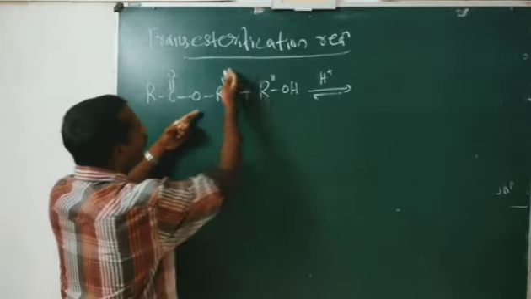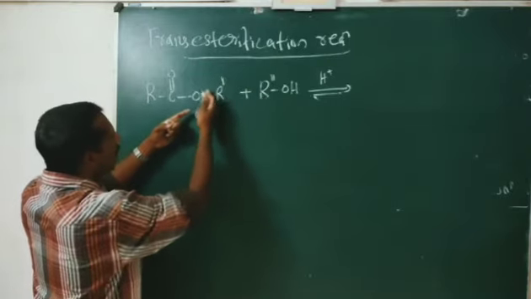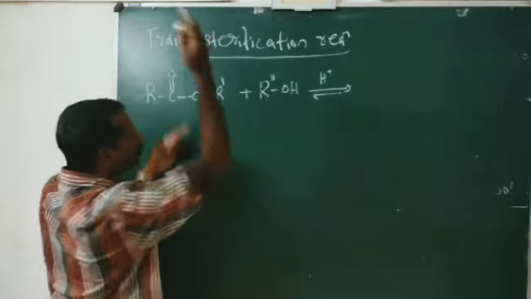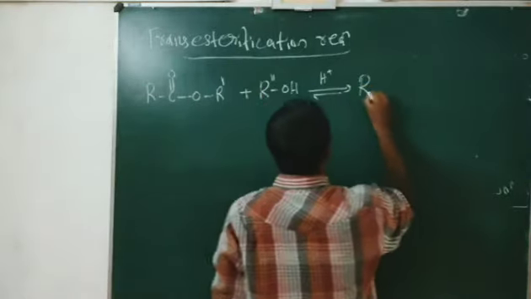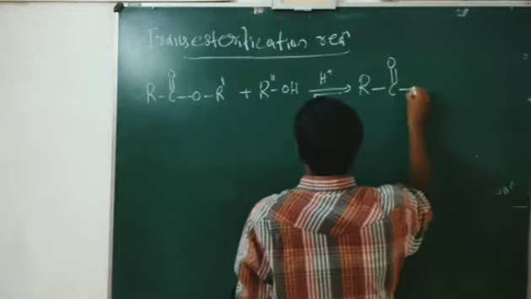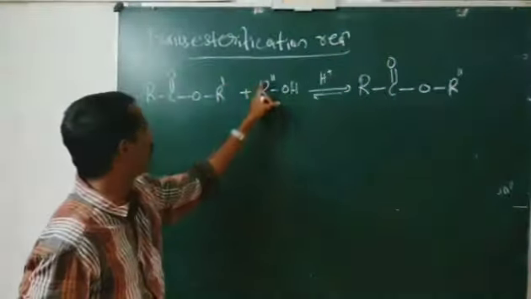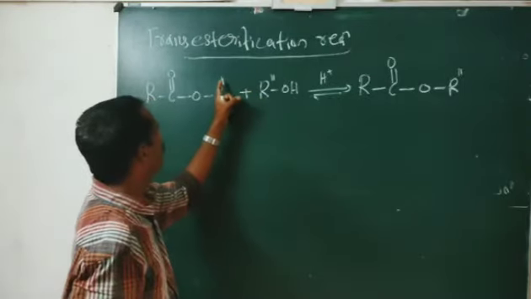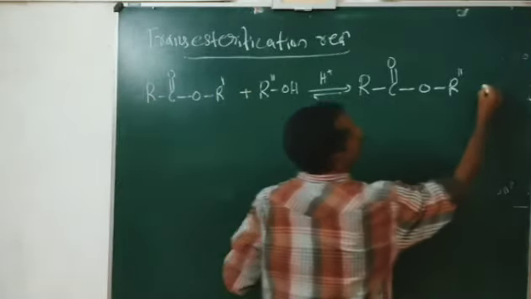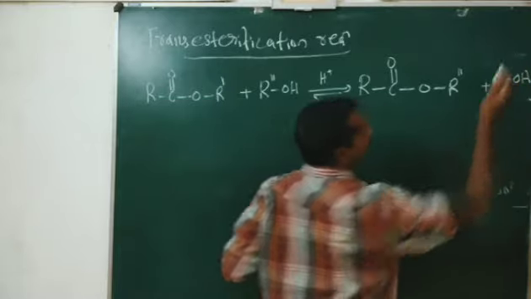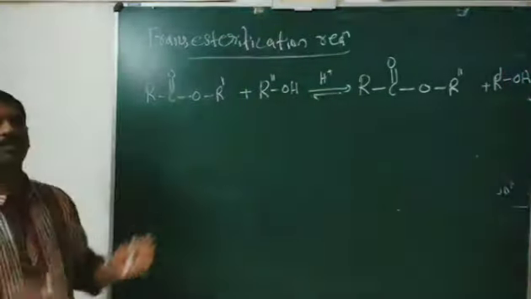During this reaction you can see that this R' will be exchanged with R2. So you are getting a new ester RCOOR2, but you are also getting a new alcohol R'OH. Clear? This reaction is known as a transesterification reaction.